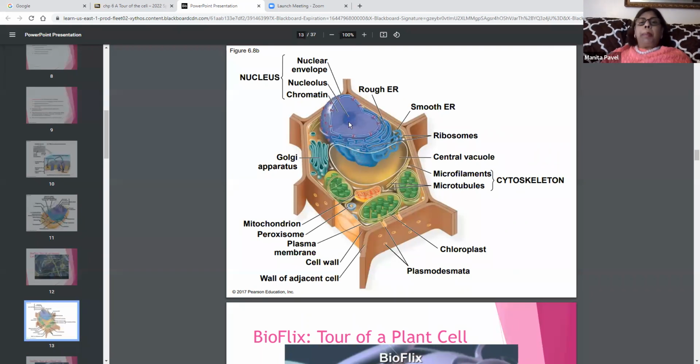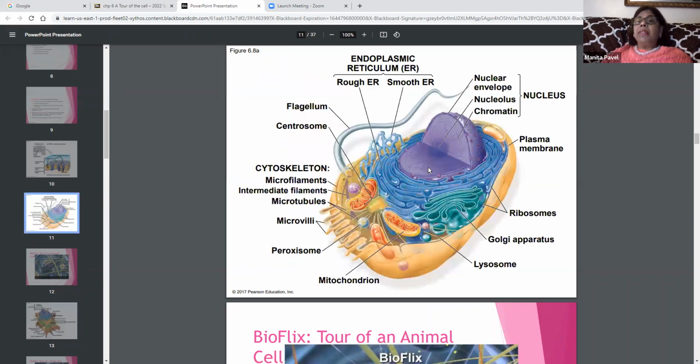If we look at the plant cell here, we see that the nucleus of the cell normally will occupy the center, but in the plant cell, the nucleus is not in the center as in animal cells like us. Why? Because plant cells have a large central vacuole. That's the first difference, whereas animal cells do not have a vacuole.